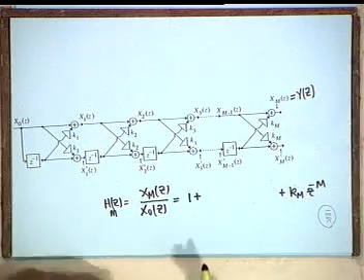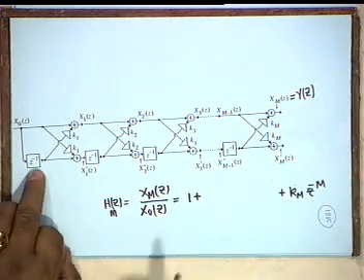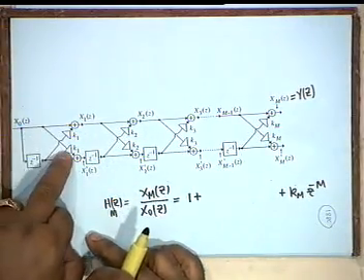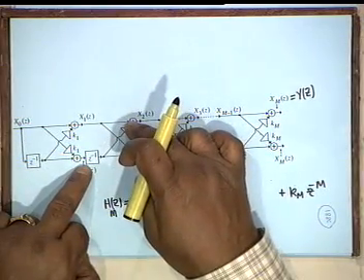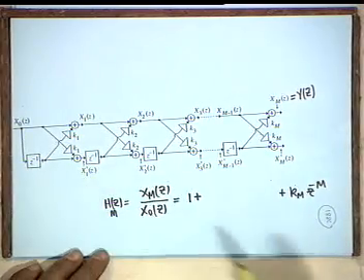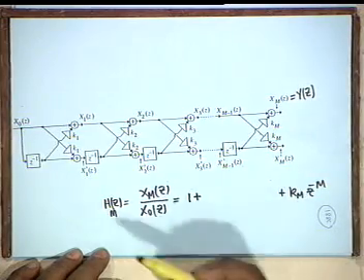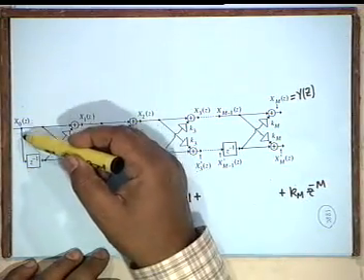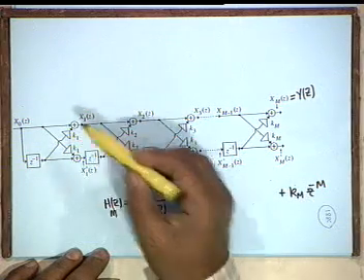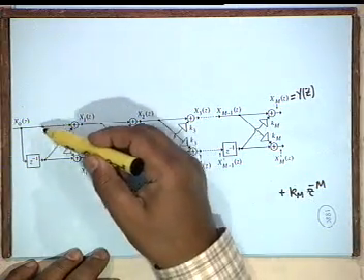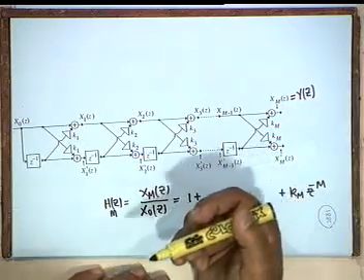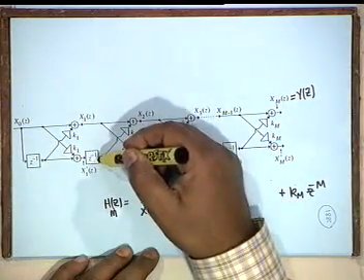For example, if you want the coefficient of z inverse, then the first term is K1, and the next term would be K1 multiplied by K2, because you have to come like this, then traverse this.